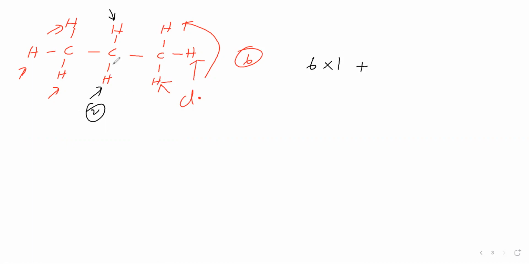The number of secondary hydrogens available is 2, and the rate of secondary hydrogen for halogenation is 3.25. From this we will get a total rate. The total rate is here 6.5, here 6, therefore 12.5 total rate.